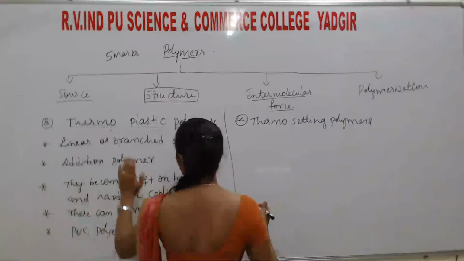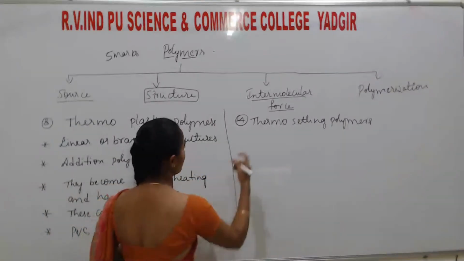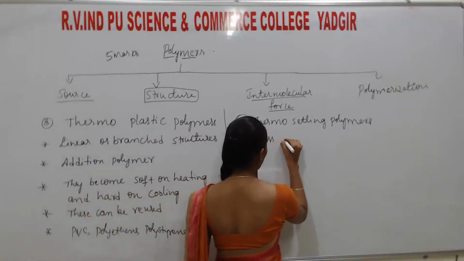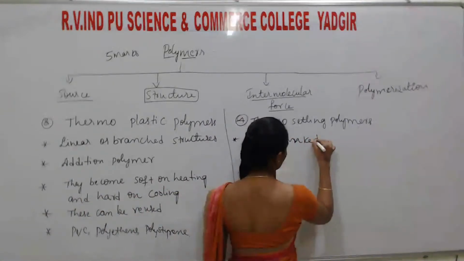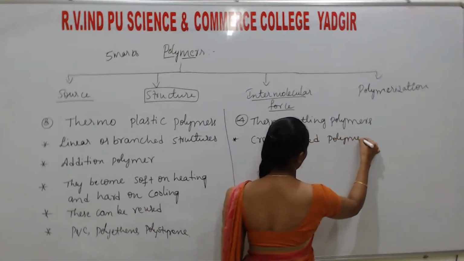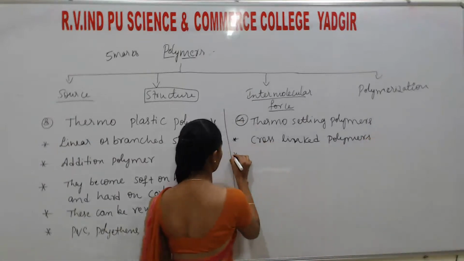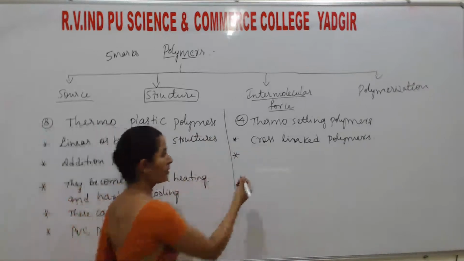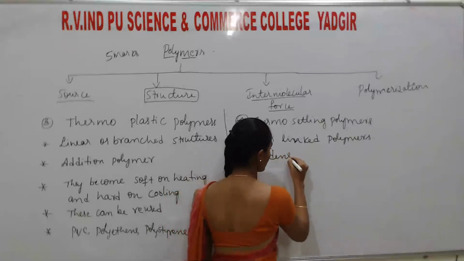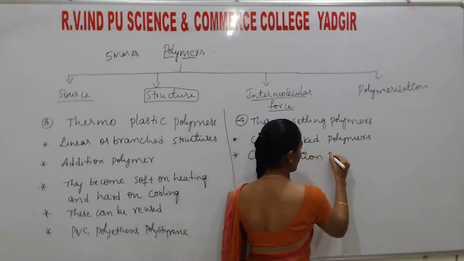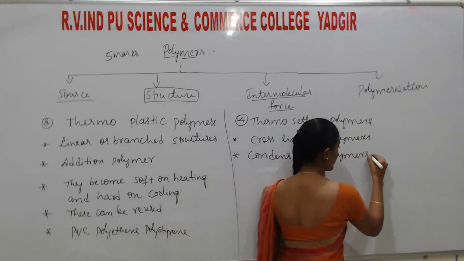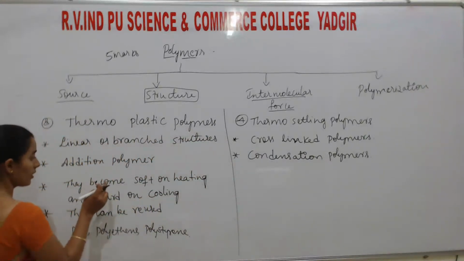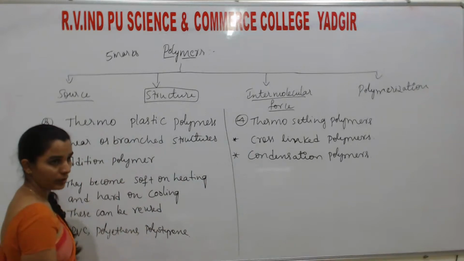Okay. So here, students, opposite to this, these are not linear or branched, of course. These are cross-linked polymers. Understand? So listen, if those are addition polymers, these are condensation polymers. That is the only difference. Condensation polymers. Remember, what does condensation mean? Removal of a water molecule. Next, they do not become soft on heating and hard on cooling.